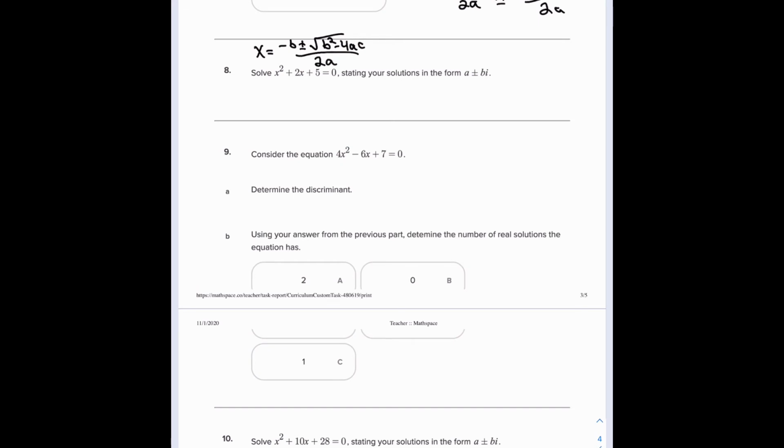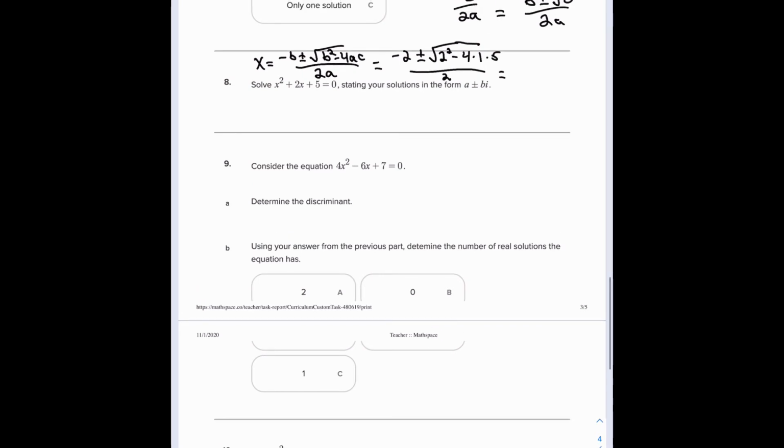So we see our b is negative 2, plus or minus radical 2 squared minus 4, and then a is 1, c is 5, all over 2 times a, but a is 1, so just over 2. So this is the same as negative 2 plus or minus 4 minus 20 all over 2.